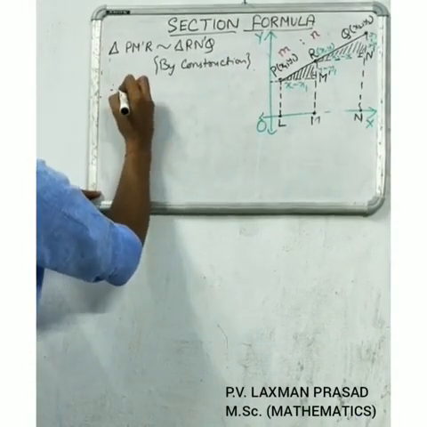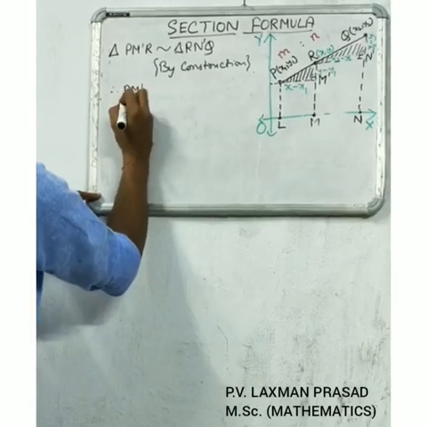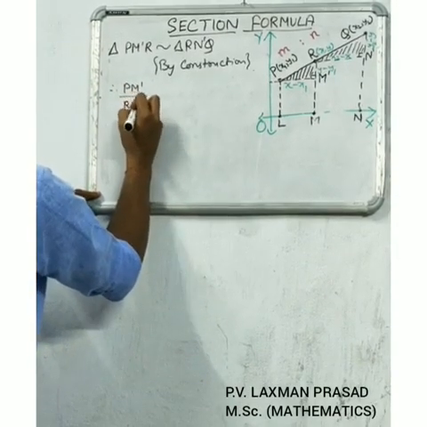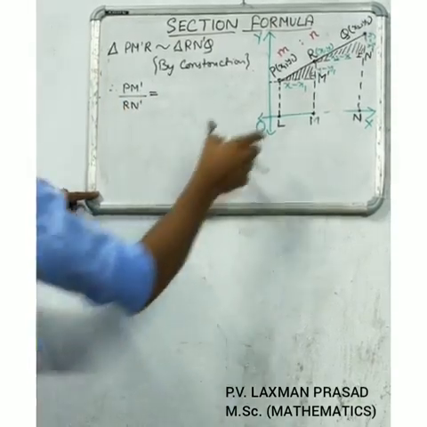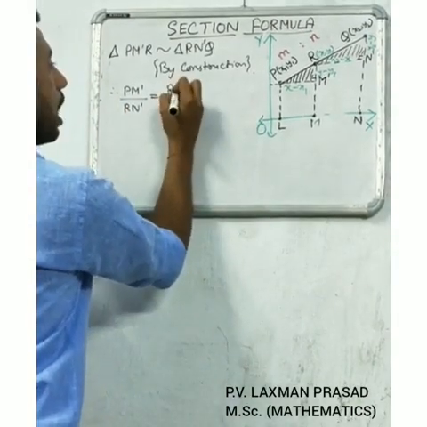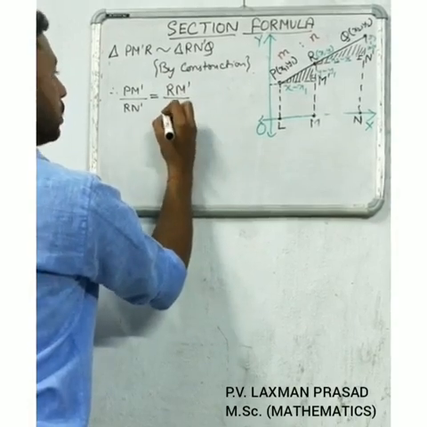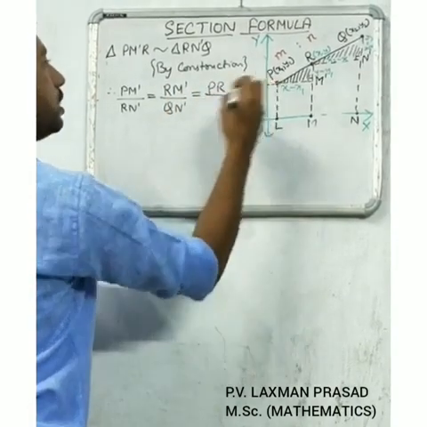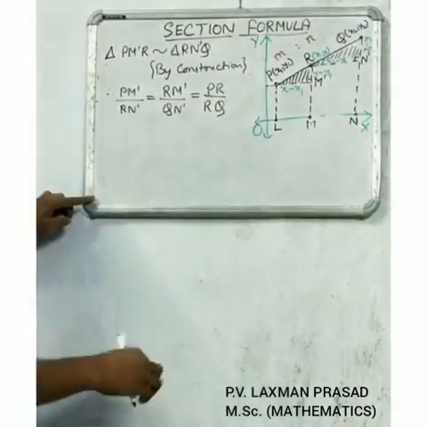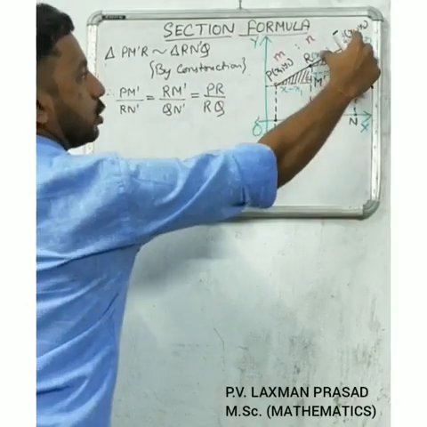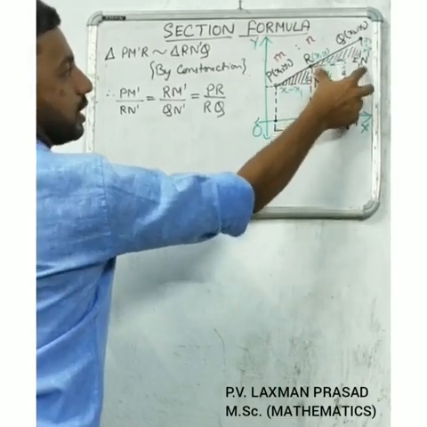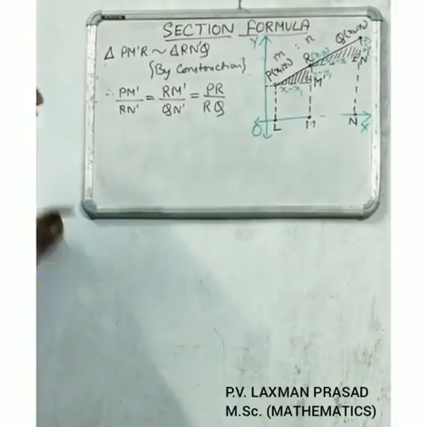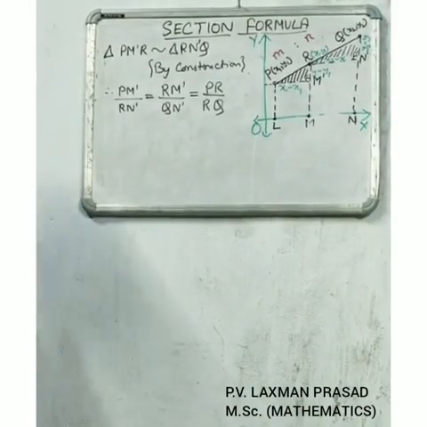So PM dash by RN dash must be equal to RM dash by QN dash, which must be equal to PR by RQ. So we see all the corresponding sides are proportional.